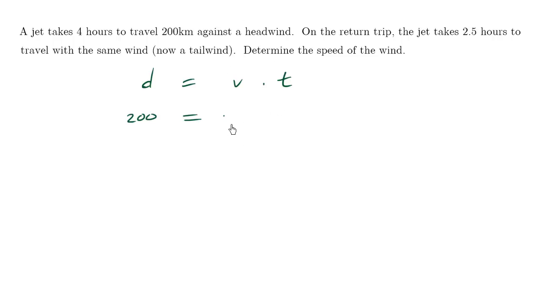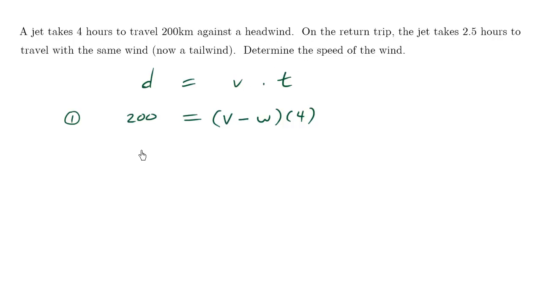However, we know the velocity, with a headwind, is going to be slowed down. So we're going to go v minus w. This here is the speed as a result of the headwind. The time given is 4 hours, times 4. So this first formula happens to be a line, and this is with the headwind.